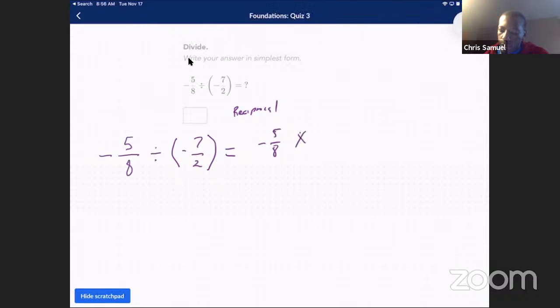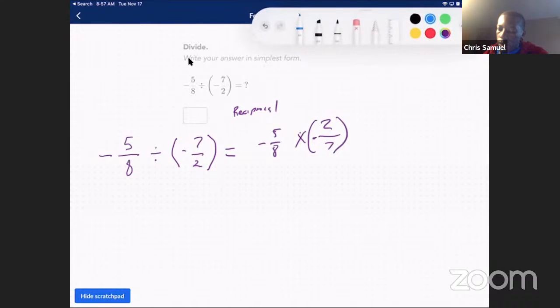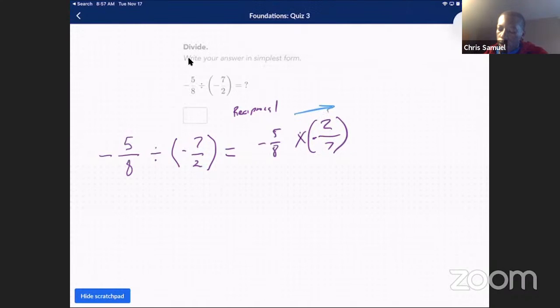And then we flip this sign. Then we can multiply from here to here. So negative 5 times negative 2 equals positive 10. And then negative 8 times negative 7 would be positive 56.